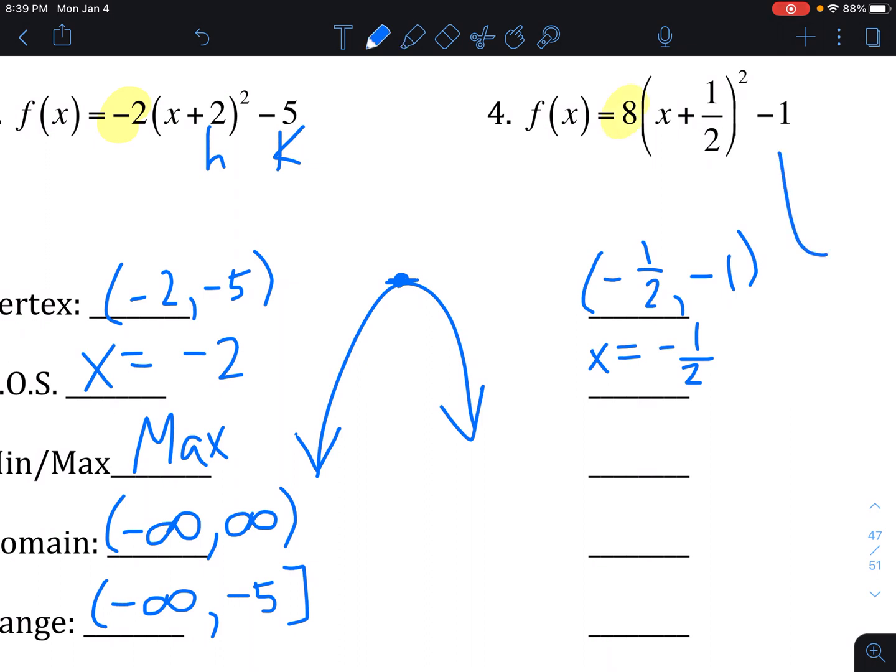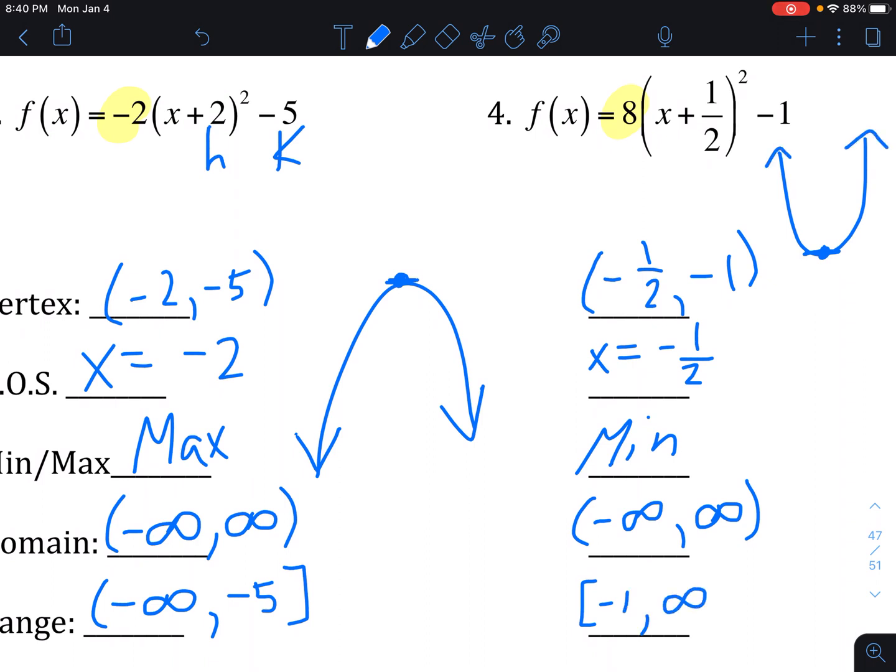That means the parabola opens up, so the vertex is at the bottom, the minimum point. The domain, as I said for the previous problem, is always negative infinity to infinity. And the range is how low it goes. It goes as low as the k, which is -1, and it goes up forever to infinity.